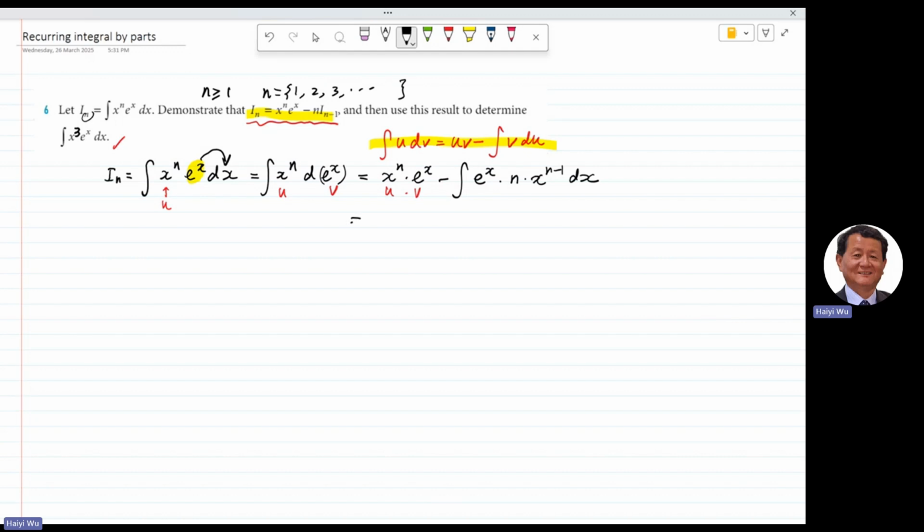Then I'm going to copy this first term. Then I move n to the outside, become e to the power x, x to the power n minus 1. So I'll maybe put it up front.